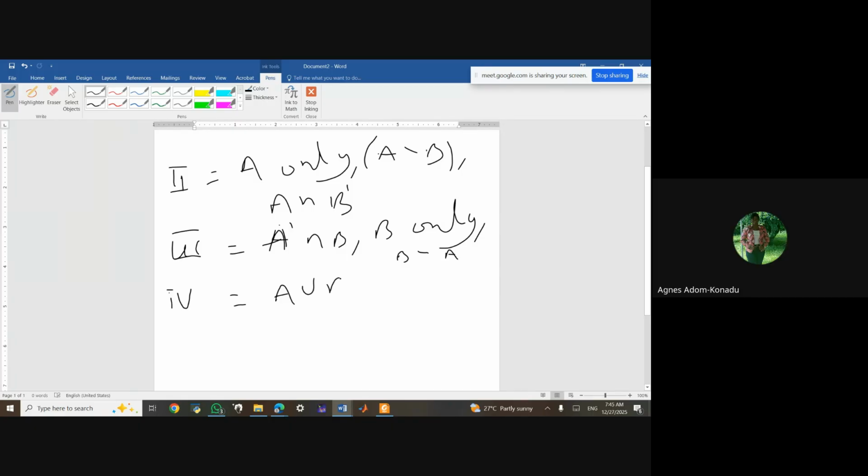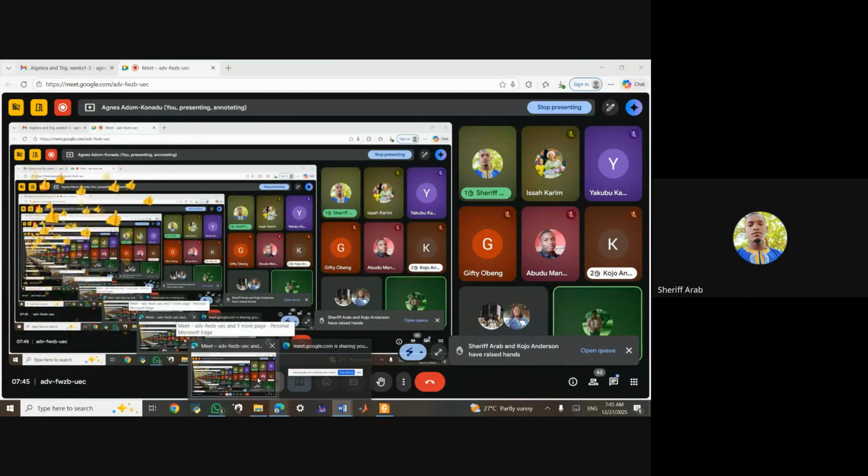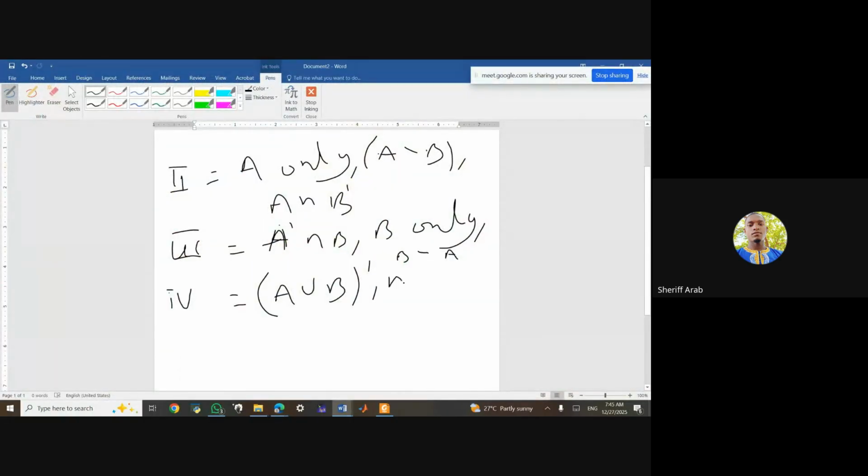A union B all complement. Do you all agree? Or any other alternative solution? Yeah, madam. It can also be A complement intersection B complement.